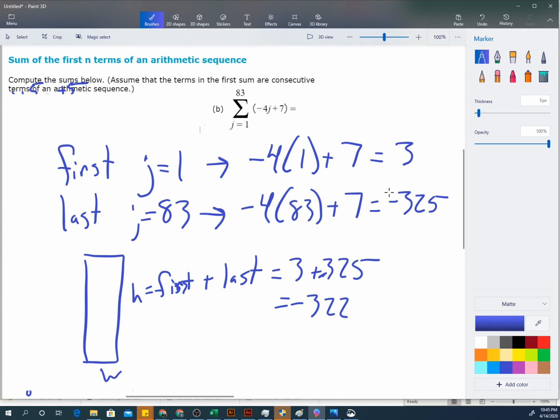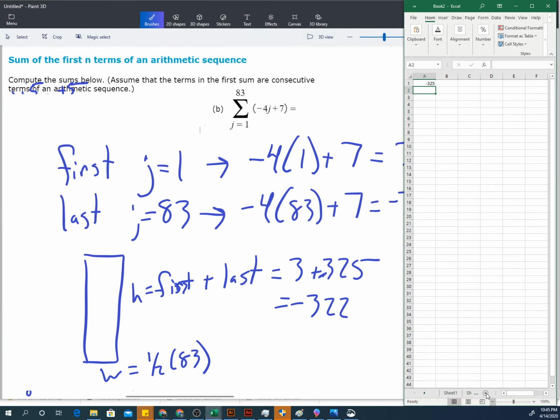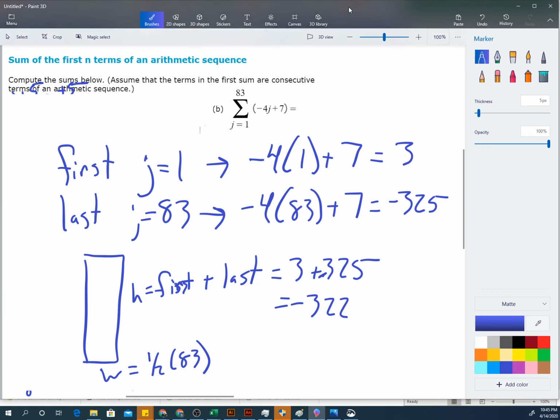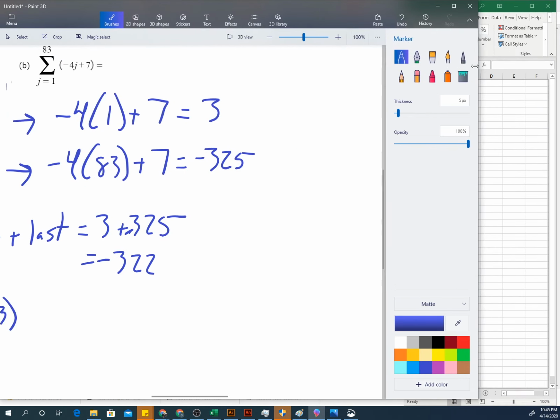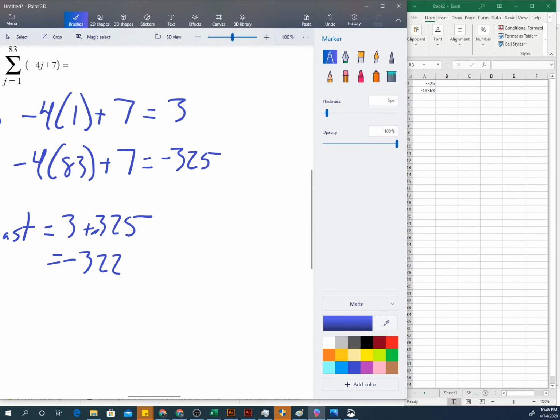And for our width, there are 83 numbers, so we're going to take half of 83. And we're going to multiply those together. Negative 322 times 1/2 times 83. And this is predicting for us that our sum of these numbers will be equal to negative 13,363.